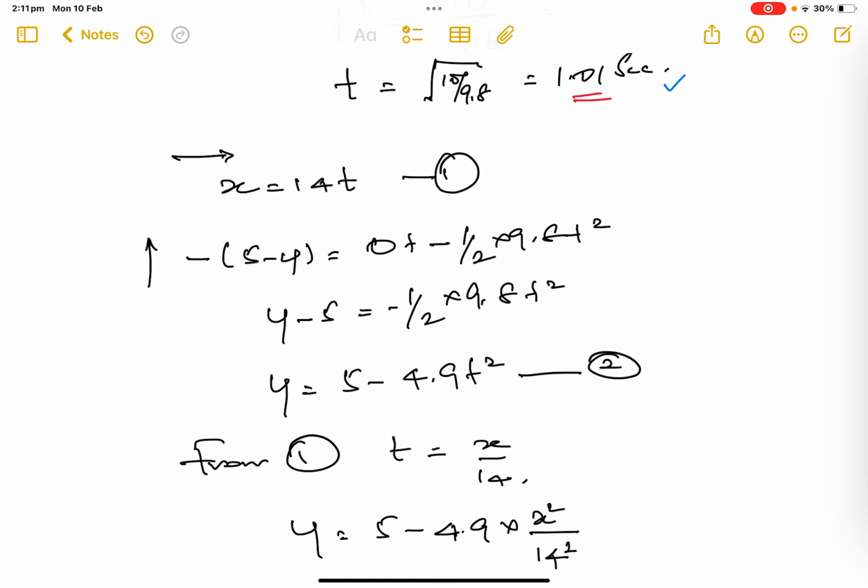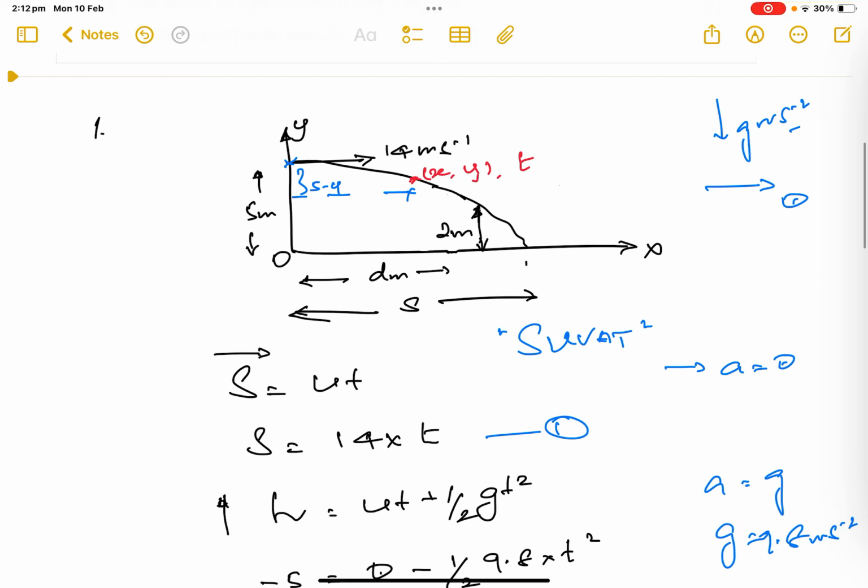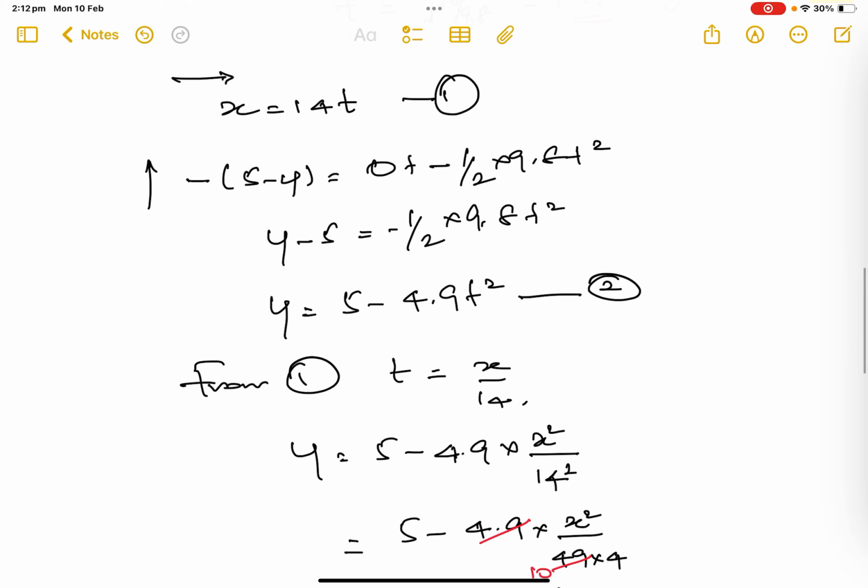Therefore minus (5 minus y) equals, with no initial vertical velocity, minus half times 9.8 t squared. Moving the minus sign inside, y minus 5 equals minus half times 9.8 t squared, then y equals 5 minus 4.9 t squared.